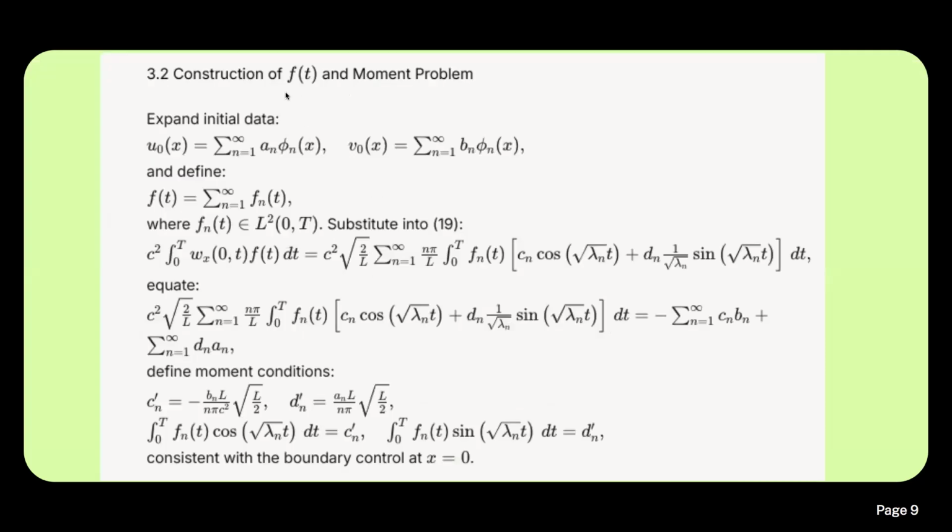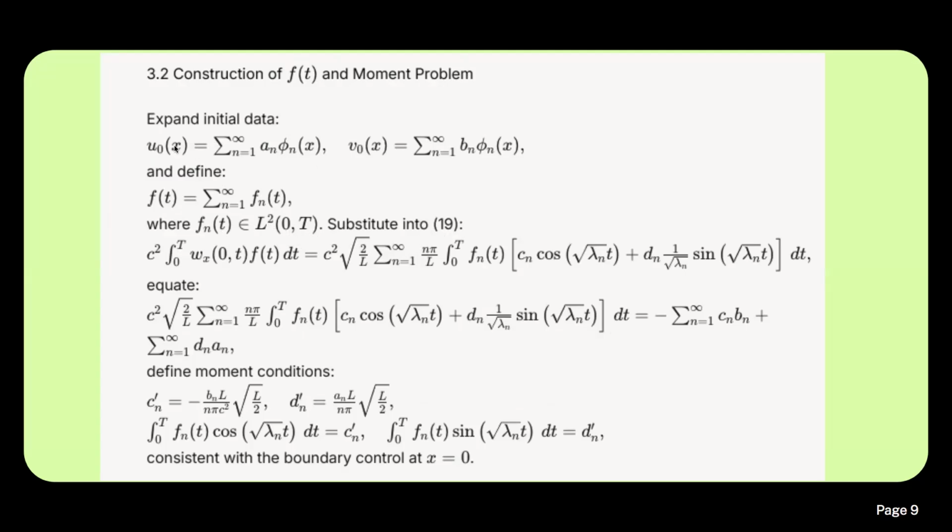Then we can construct F(t). Then we relate to a moment problem before we try to solve the moment problem and try to get F(t). So we write F(t) equals the series F_n(t). We try to find whether we can find F_n(t) in the L2(0,T). Remember 19.